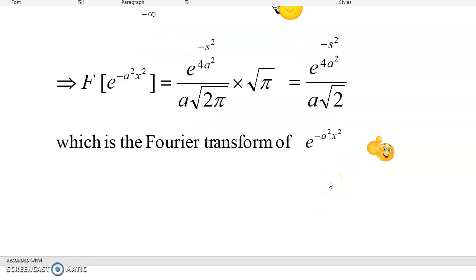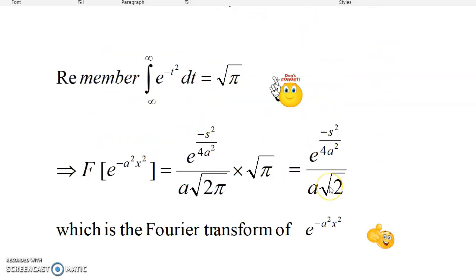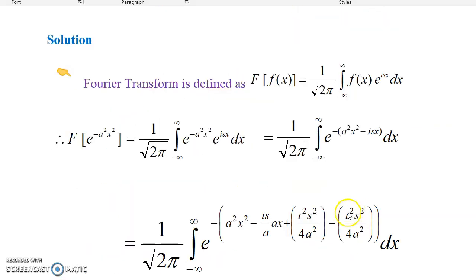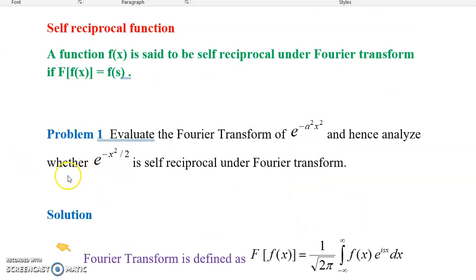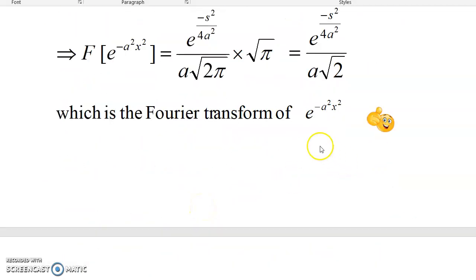Now from here, another part is there in the problem. We need to analyze e power minus x squared by 2. So that is the question. Here you can see e power minus x squared by 2. We have to analyze whether it's a self-reciprocal function. So from this answer, how shall we get e power minus x squared by 2?